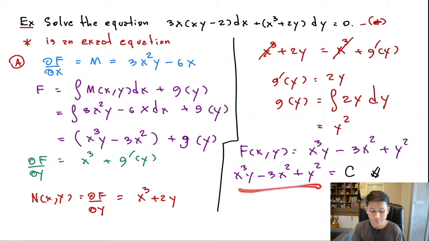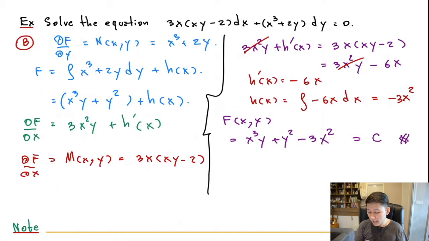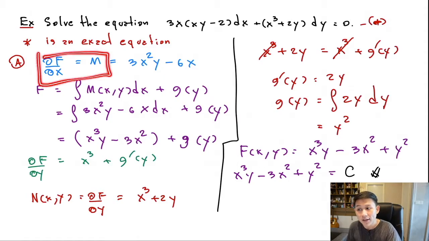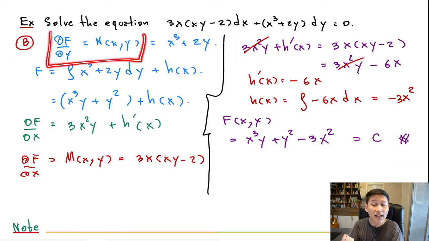So it doesn't matter. You can begin with df by dx equals M, then integrate by x, differentiate by y, and compare. Or you can begin with df by dy equals N, then integrate by y, differentiate by x, and then compare. You have the same solution.